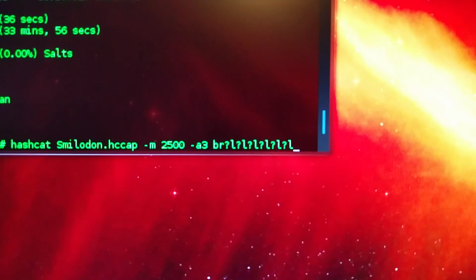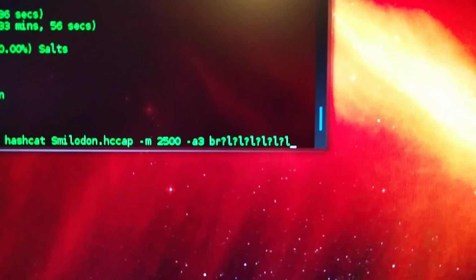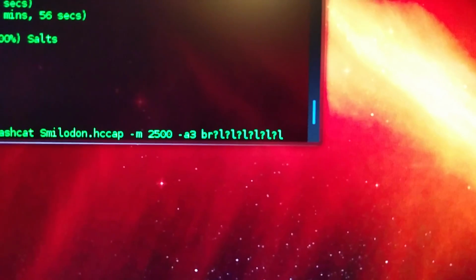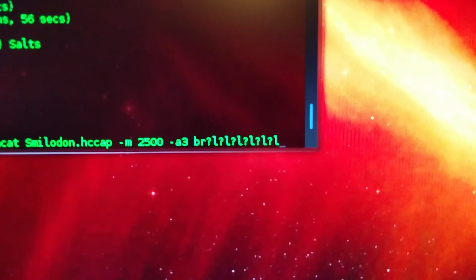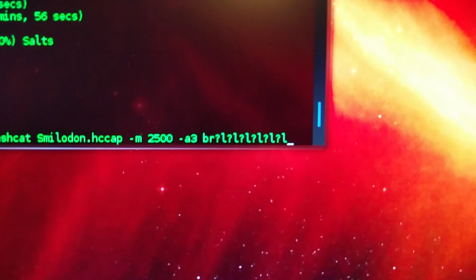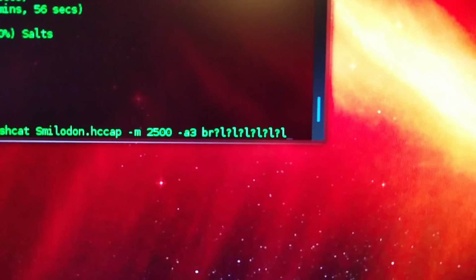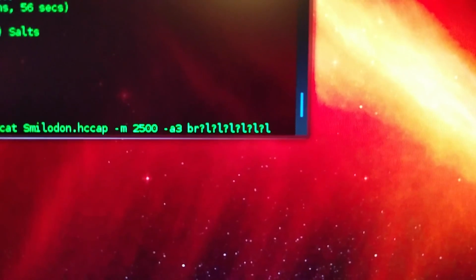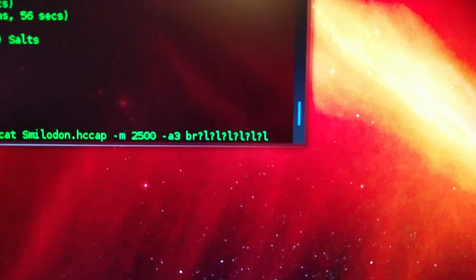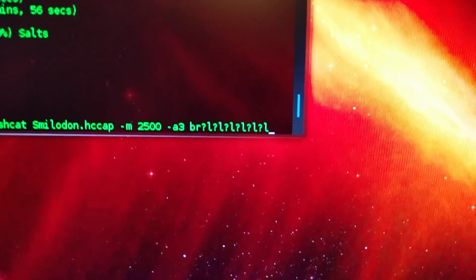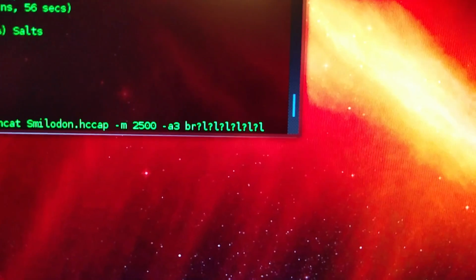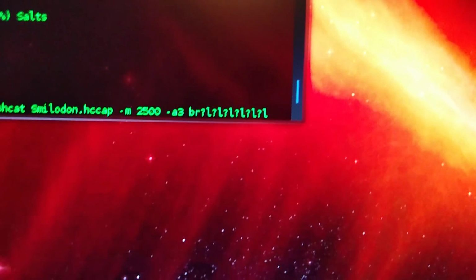I was trying to put a mask in there to speed up the process, but even with 2 revealed, it would take probably another day or 2, maybe 12 hours, to actually break the password. With 3 revealed, it only takes a couple of minutes. So it just shows you the difference in exponential complexity that one character can make.